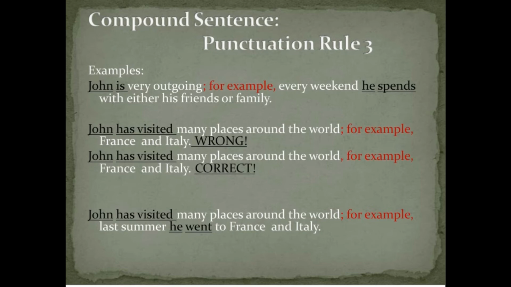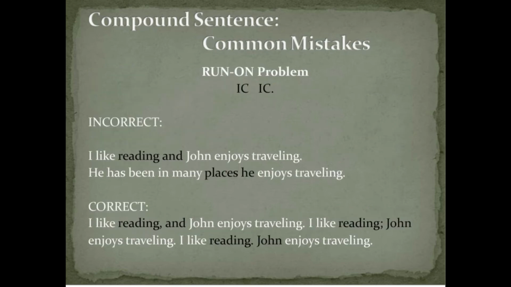There are two common mistakes students can make when dealing with compound sentences punctuation. The first punctuation problem is called run-on, when you connect two ICs with no transitions or commas or semicolons or Fanboys.